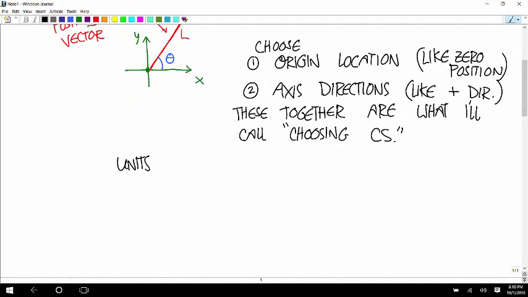The units for the position vector are the same as in one dimension. It's units of length. And so the SI units are meters.